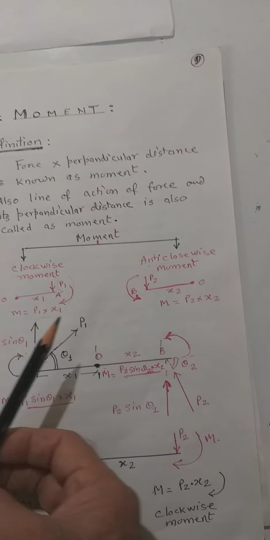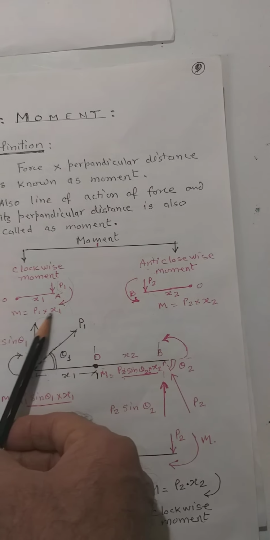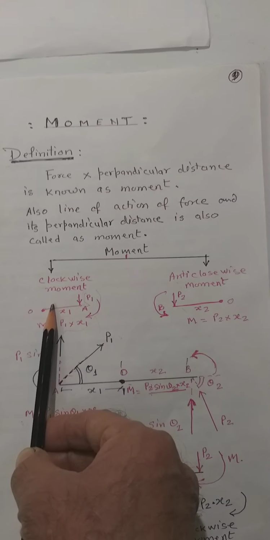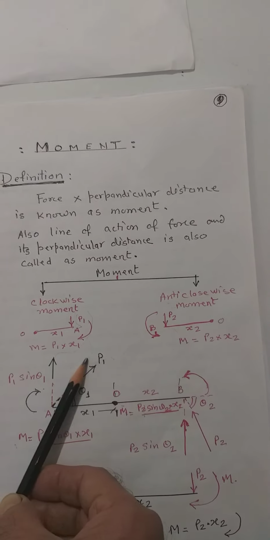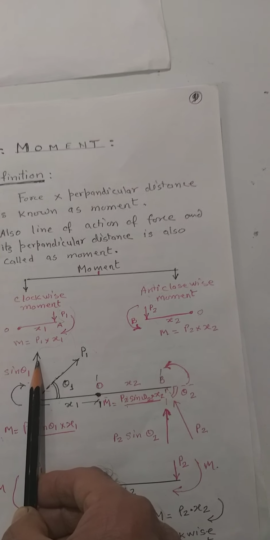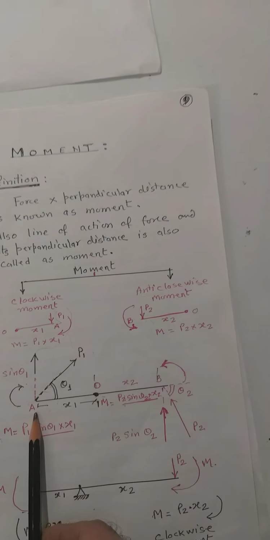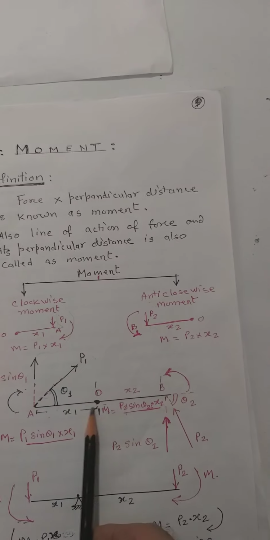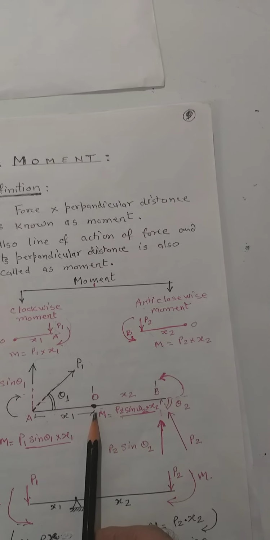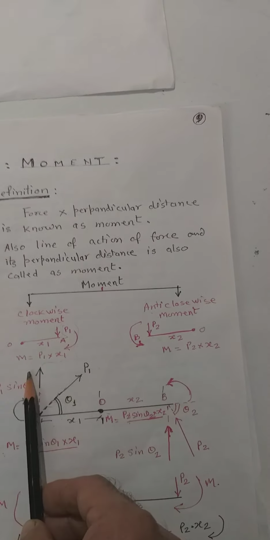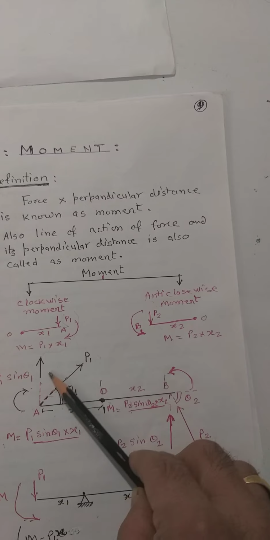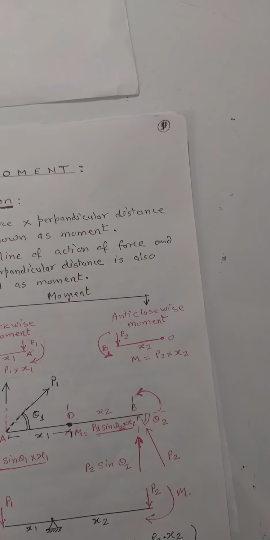So what we have to do is resolve the force vertically, that is P1 sine theta 1, and this will be the perpendicular component. Then P1 sine theta into x1 will give the moment in this direction, so we can call it a clockwise moment.